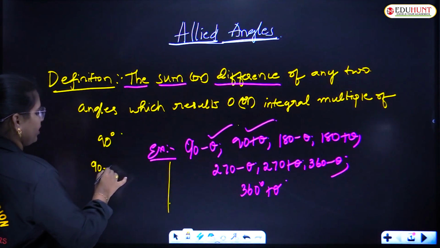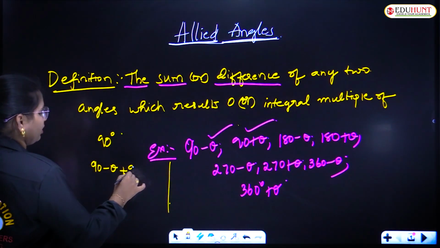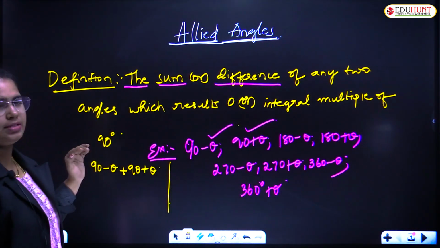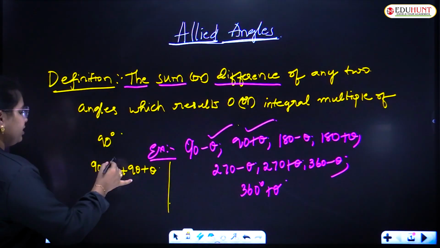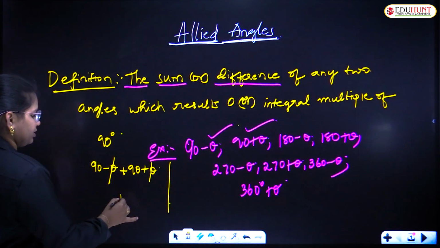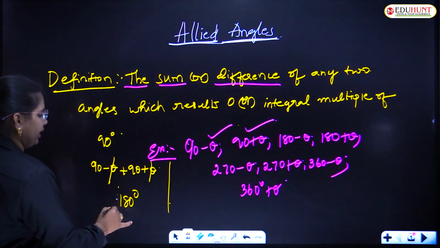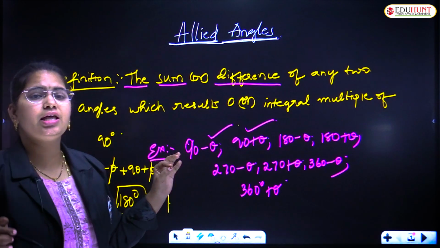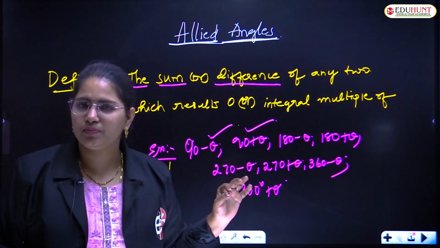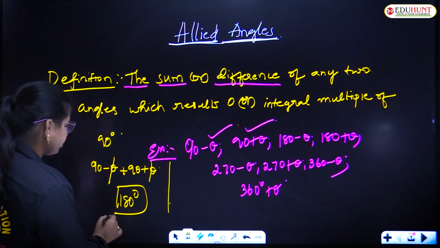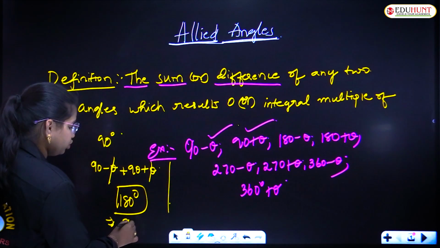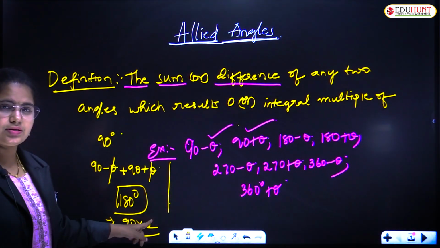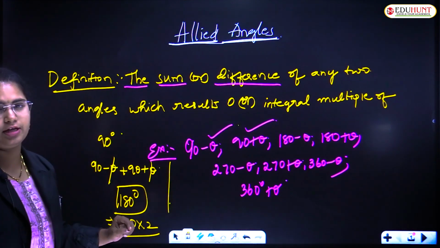Let me take 90 minus theta plus 90 plus theta. Minus theta plus theta will get cancelled. You got 180 degree. 180 degree is an even multiple of 90 degree. How can you express it? 90 into 2, so this is twice a multiple of 90 degree.